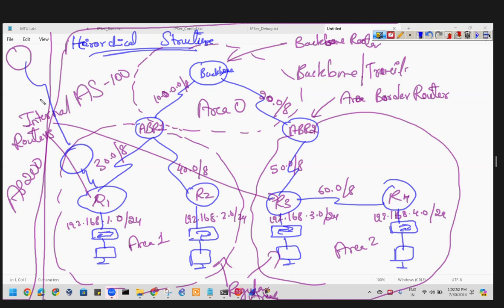The router that is connecting from one autonomous system to another autonomous system is called the ASBR. What is an ASBR? Autonomous System Border Router.